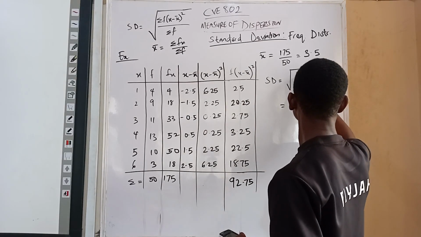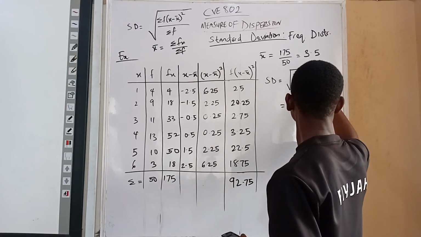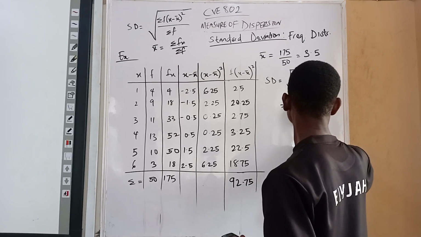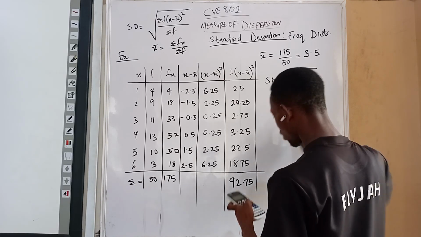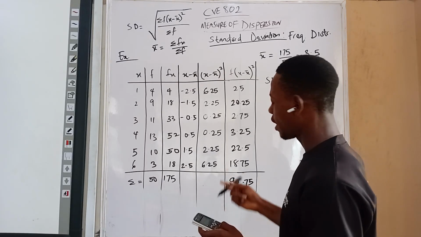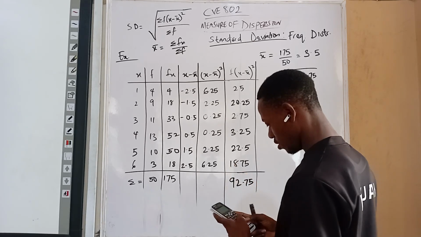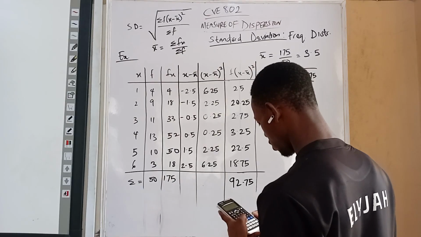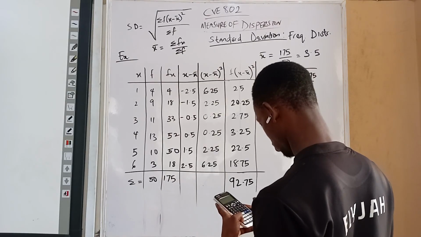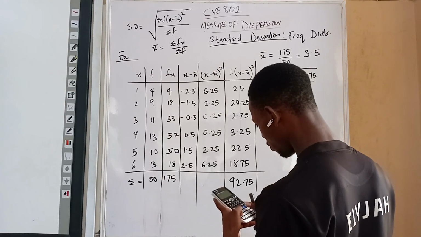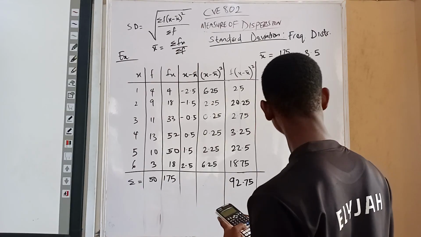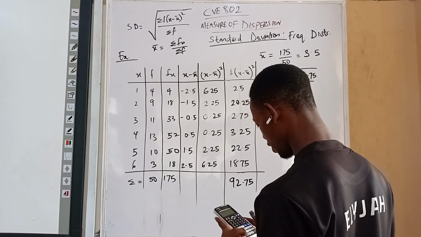That's why it's better for more than one person to be pressing the calculator, so that if there's a mistake, you are able to catch it. I'm talking about this for the sake of this tutorial, not inside the exam.